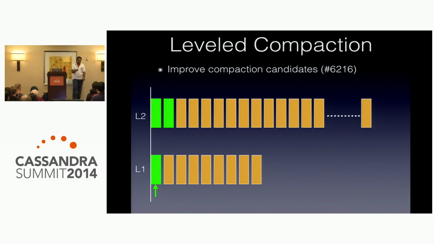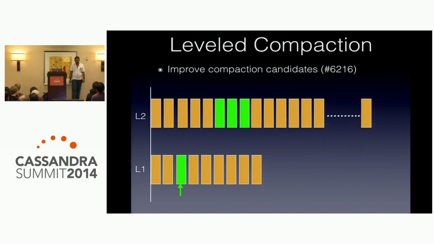So in this case, you will compact those 3 SS tables, and the result set will go in L2. So that's going to happen, and then L1 will be back to normal. And then let's say L1 is again becoming eligible for compaction. So then it will do this. The green pointer will move, and compact with the overlapping ones, and the same thing will happen again.